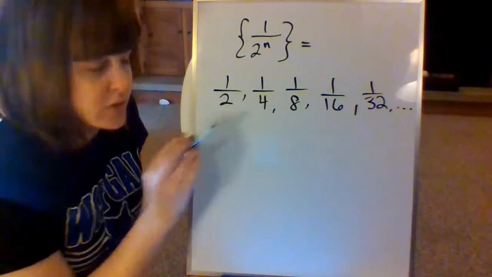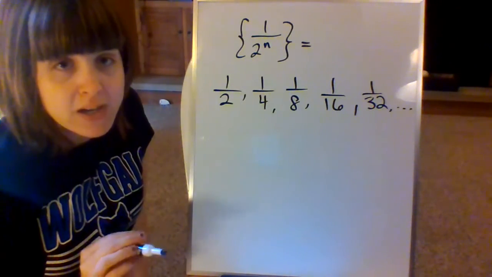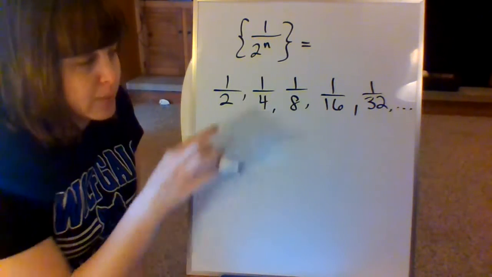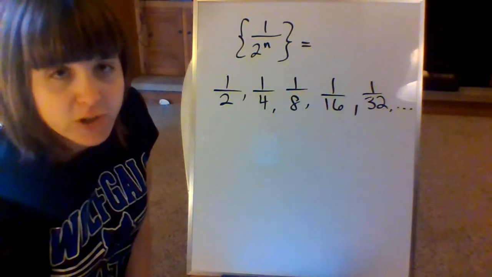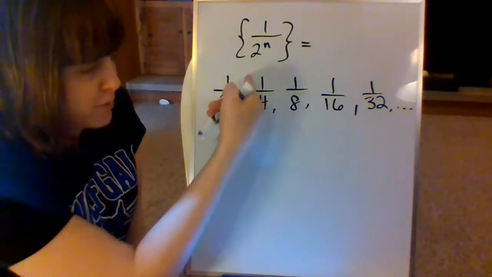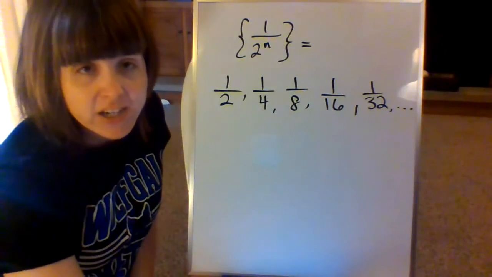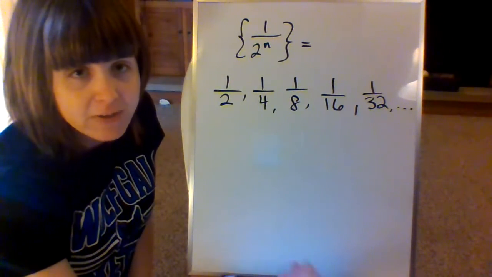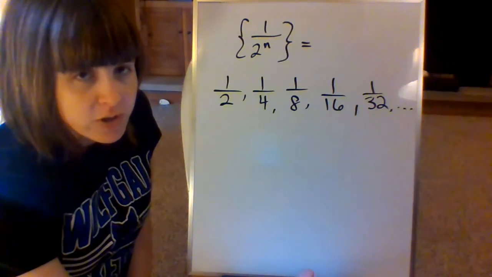As you notice, the bottom of this fraction is getting bigger every time, and when the bottom of a fraction gets bigger but the top is staying the same, that means it's getting closer and closer to 0. It's never going to actually reach 0, but it's going to get closer and closer.